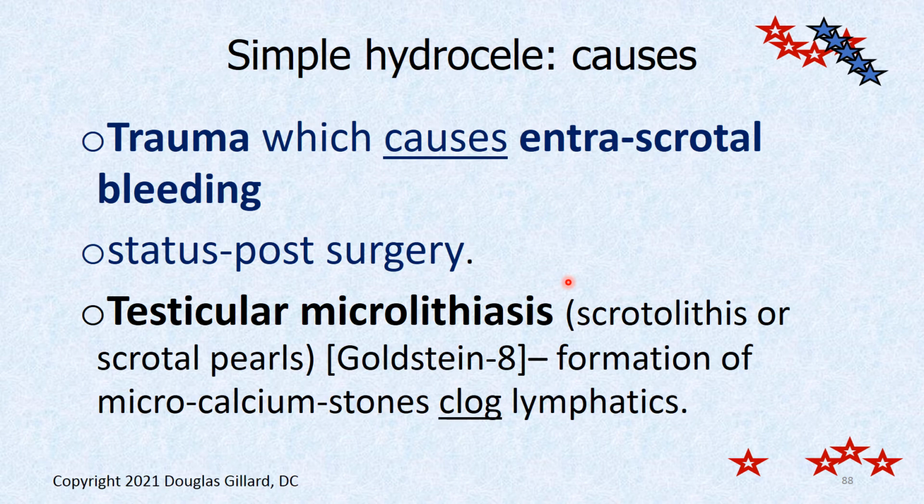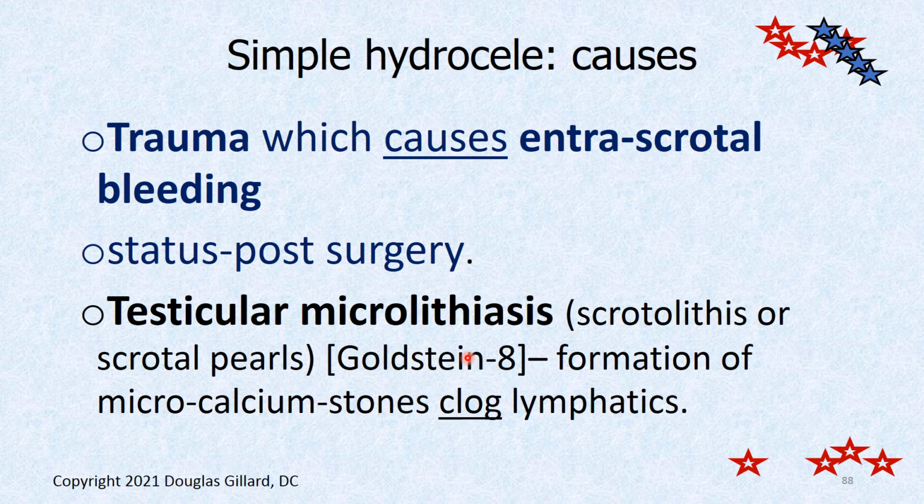Again, trauma causes intrascrotal bleeding. Status post surgery can do it. Testicular microlithiasis. So that's interesting. It's really rare though. But sometimes you can develop calcium stones in the interstitium in the tunica vaginalis membranes. They're living cells, right?